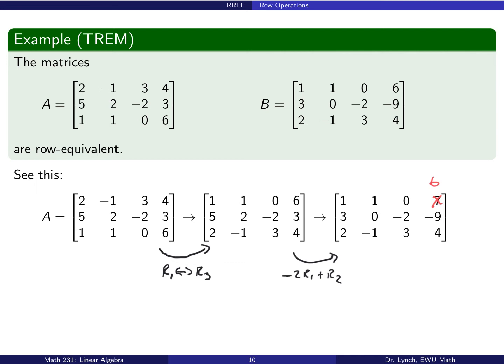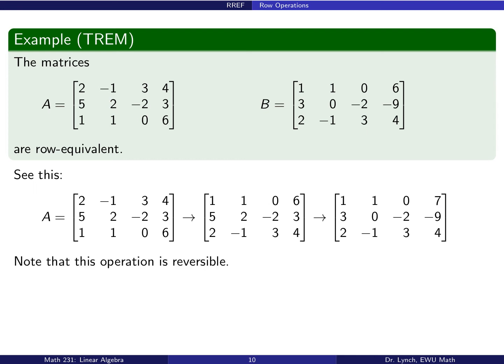So again, we say that these two matrices are row equivalent. And I'll point out that this sequence of row operations is always reversible. That turns out to always be true. If we want to go backward here, we could take, for instance, 2 times row 1 plus row 2 to give us a new row 2.